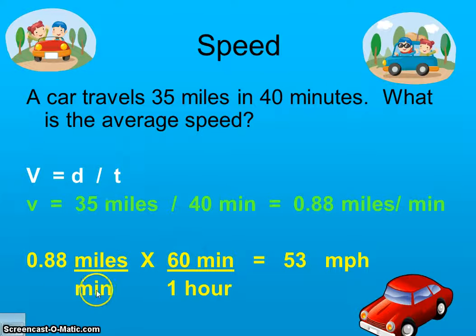You want to get rid of minutes and replace it with hours, so minutes has to go on top. How many minutes do you have in an hour? You have 60 minutes in 1 hour. So minutes is going to cancel out. You take the 0.88 miles, multiply that by 60 and divide it by 1 hour, and you get 53 miles per hour. Okay, that easy.